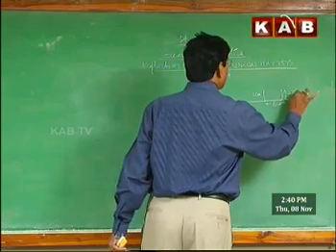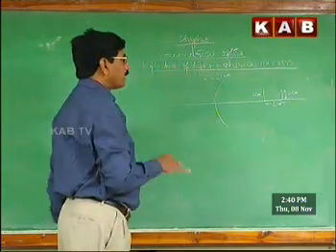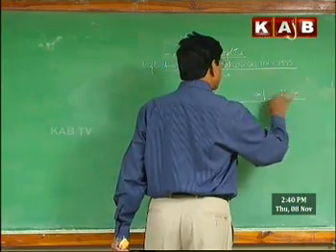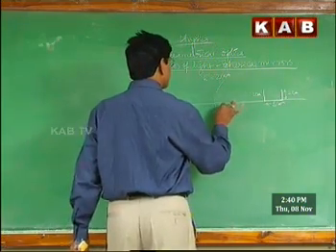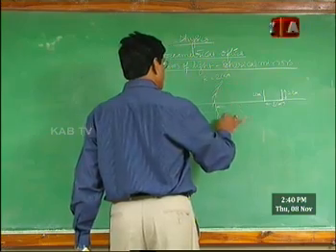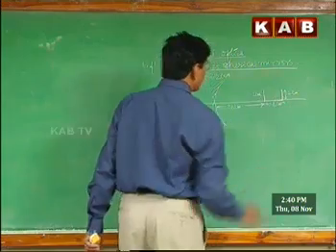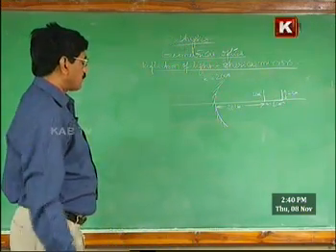So altogether a 9 centimeter wire bent in the form of a letter U is placed on the principal axis such that it is at a distance of 20 centimeters from the pole of the mirror.